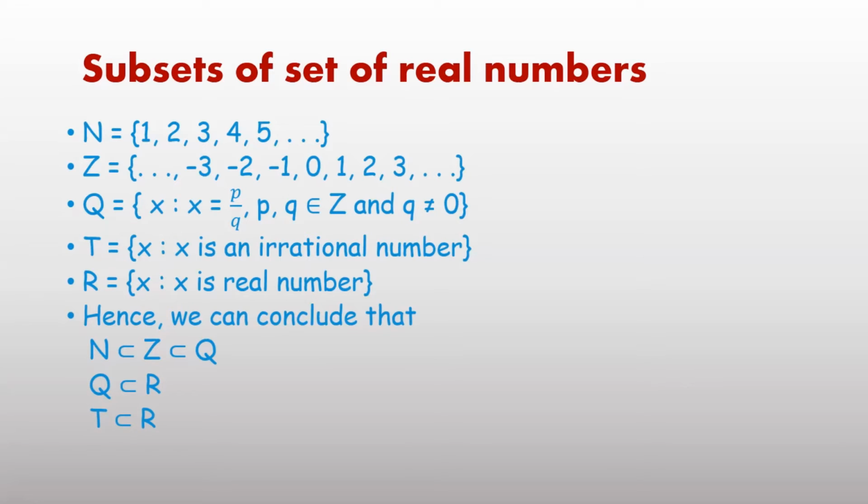Irrational numbers means T is a subset of R. And one last, N is not a subset of T. Easily you can observe here.